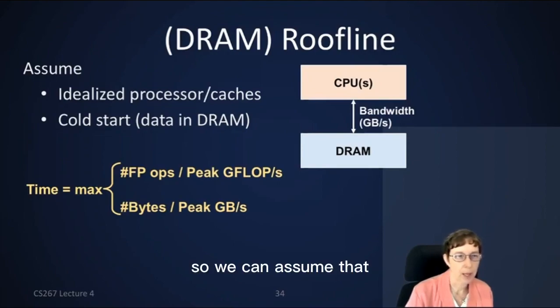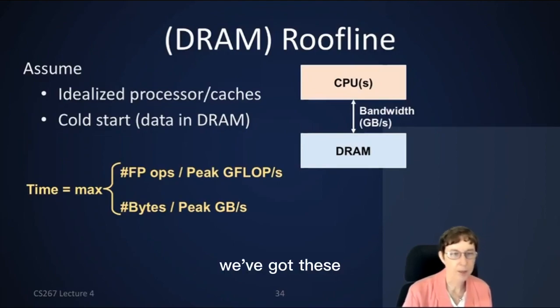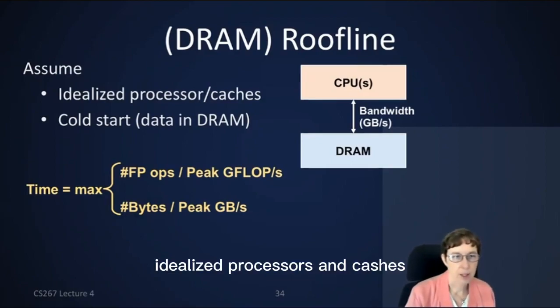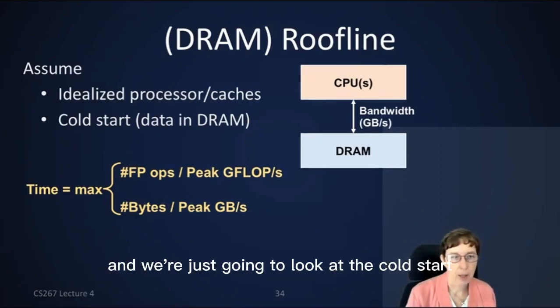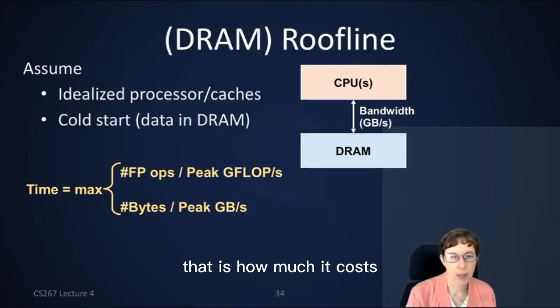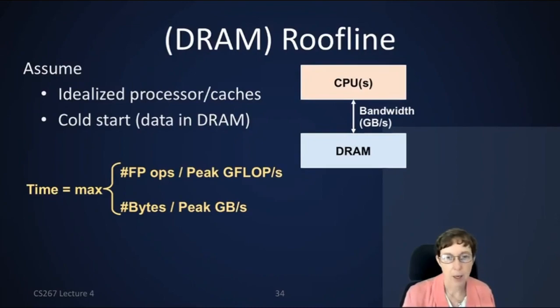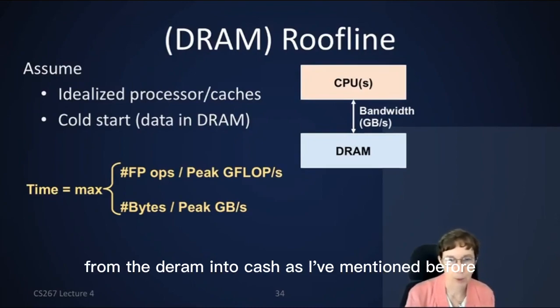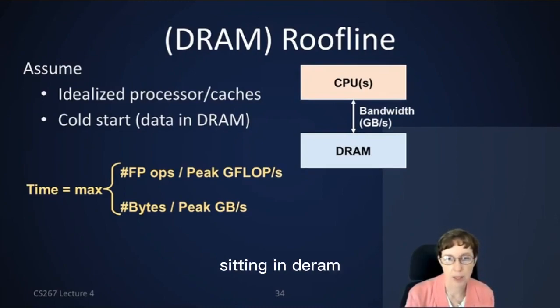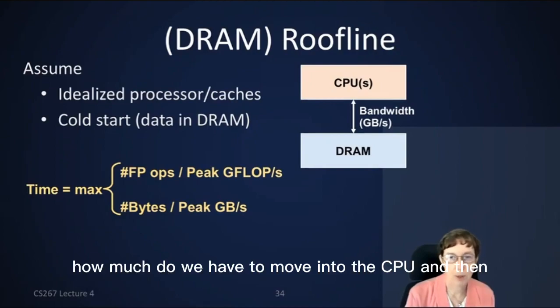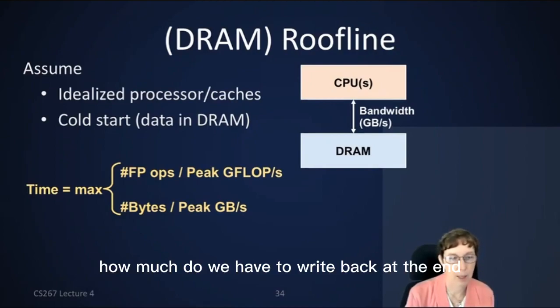So we can assume that we've got these idealized processors and caches, and we're just going to look at the cold start. That is how much it costs, the compulsory misses to move the data from the DRAM into cache, as I've mentioned before. So what is the size of the data structure sitting in DRAM? How much do we have to move into the CPU? And then how much do we have to write back at the end?